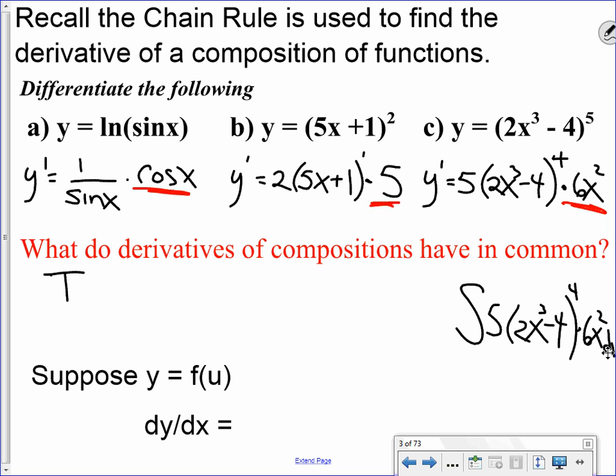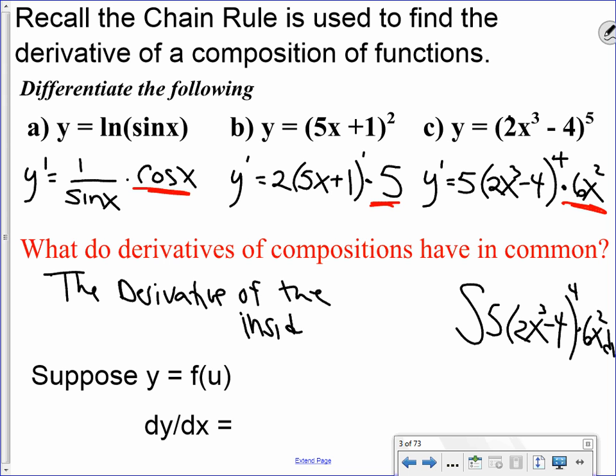As long as the inside's there, forget about it and just work the power rule on this part. Think of it as like 5u to the 4th. Add 1 to the exponent, multiply by the reciprocal. Bam. You can use all your normal rules as long as the derivative of the inside is there. So we can't go backwards until it's there. We're going to get it, and then we're going to forget about it.